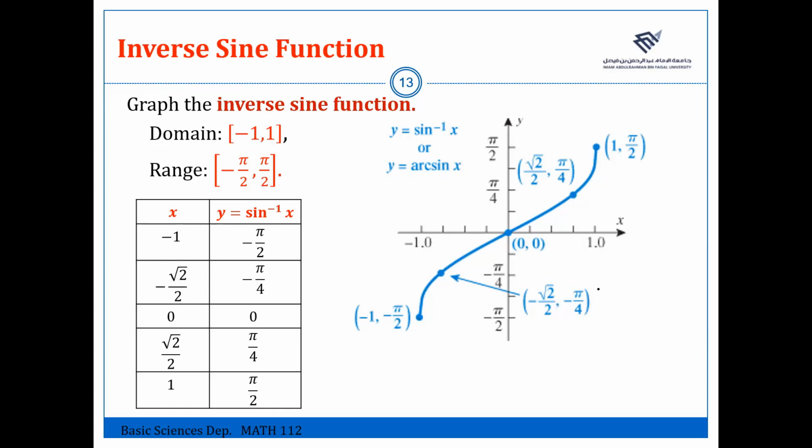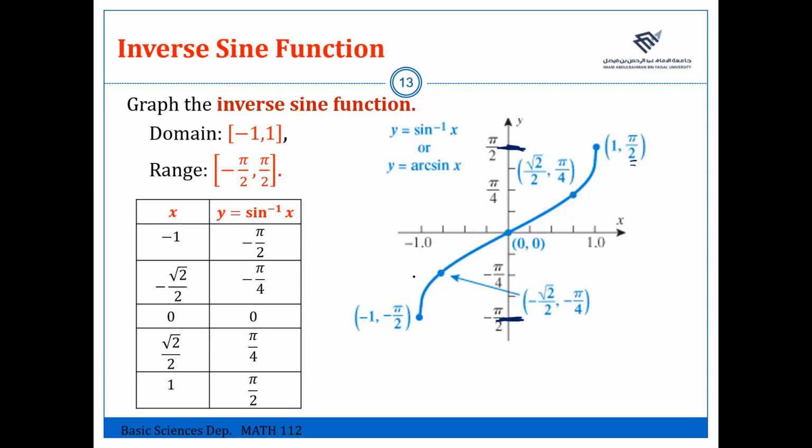What is the domain of this new function? Minus 1 to 1. So arc sine and arc cosine have the same domain, but they have different ranges. The range is negative pi over 2 to pi over 2.